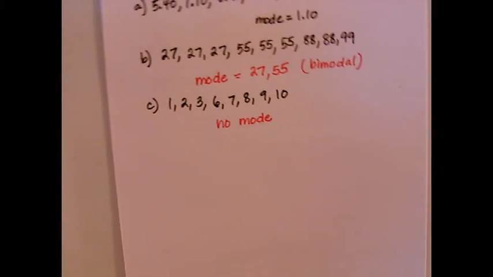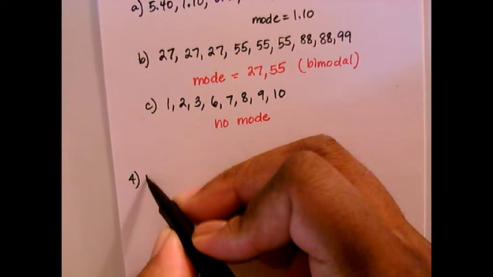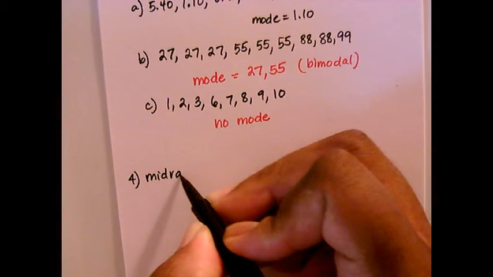And the fourth measure of central tendency is the mid-range.